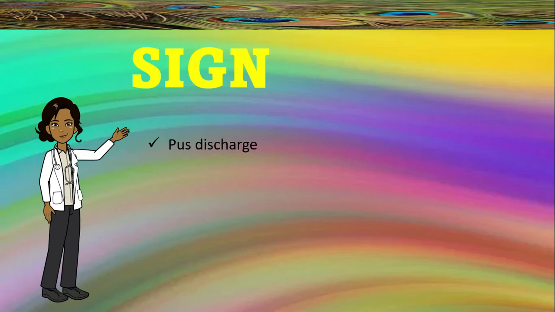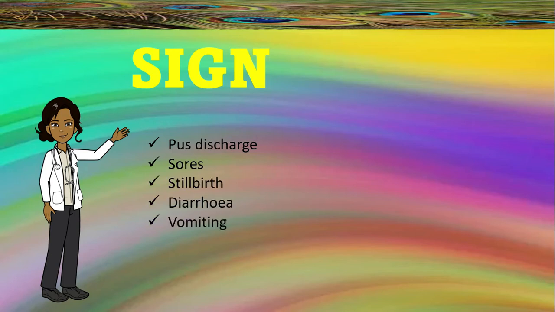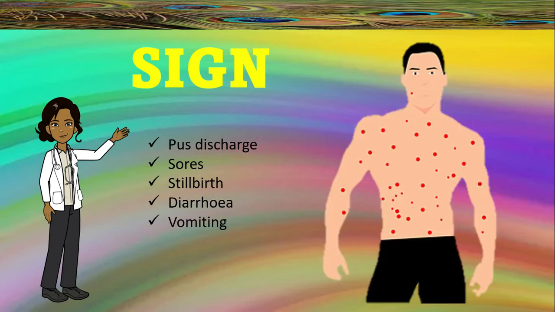Some other examples of signs would include a pussy discharge, and that is going to depend on the disease that you're affected by. But sores on the body, lesions on the body, these are, of course, signs in some cases. Stillbirth, diarrhea, vomiting, all these are examples of signs.